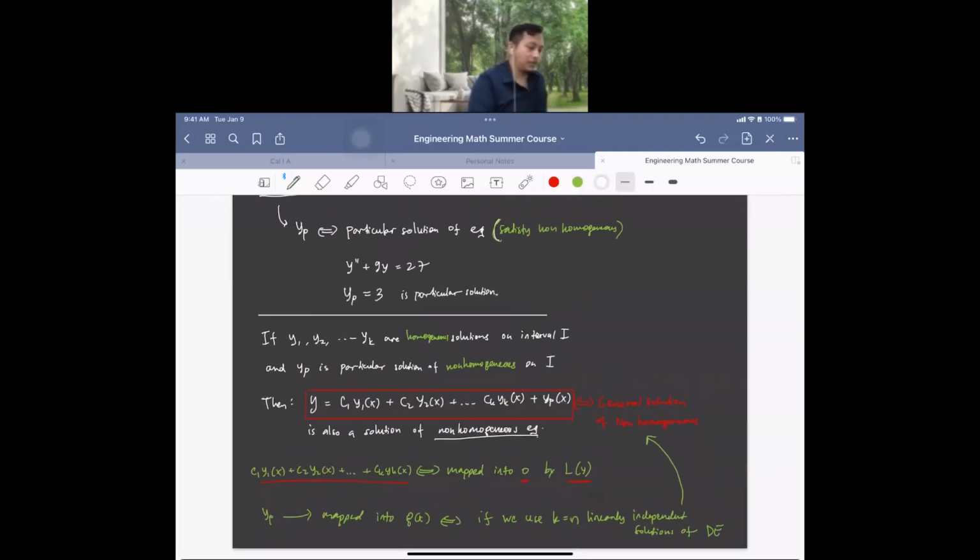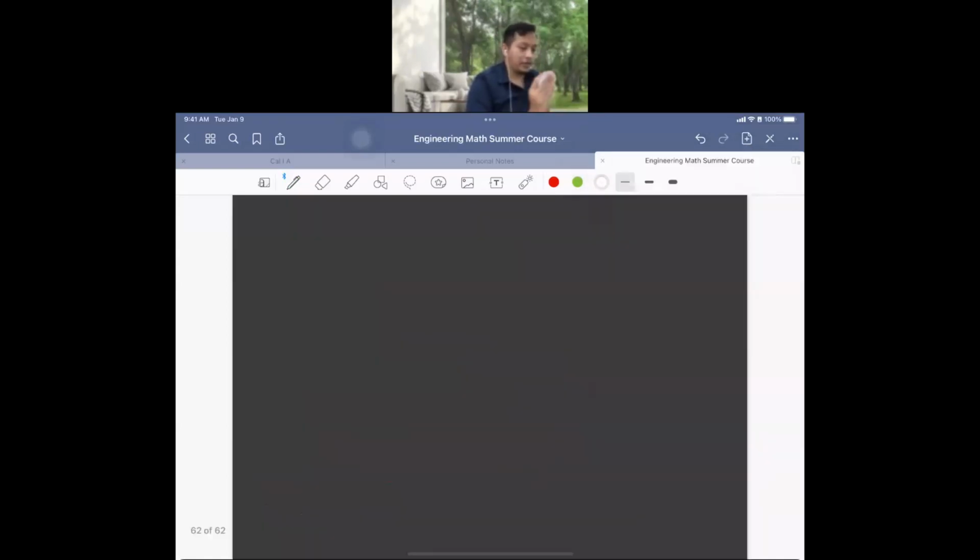We can also write the general solution in a simpler way rather than having several constants. We can say that yc, the linear combination, is c1 y1(x) plus c2 y2(x) plus until cn yn(x).